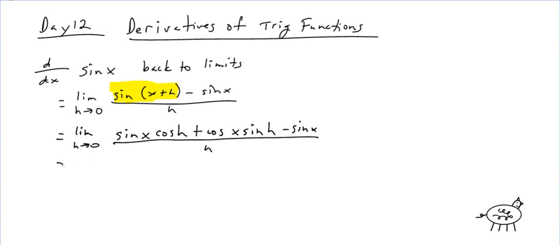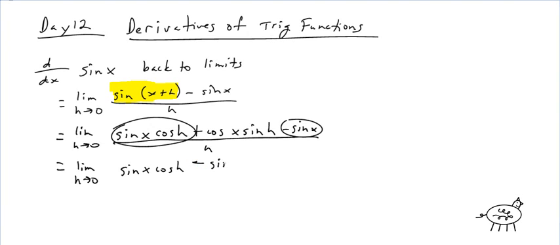Okay, then what I'm going to do is group this guy and this guy together. Alright, so I get sine of x cosine of h minus sine of x plus cosine of x sine of h all over h.